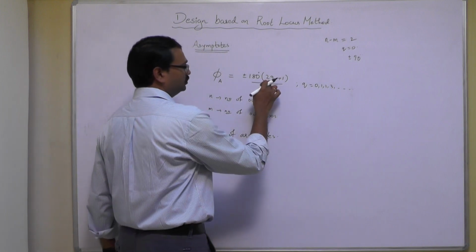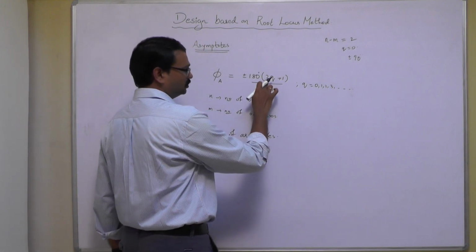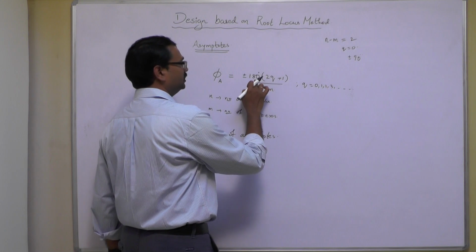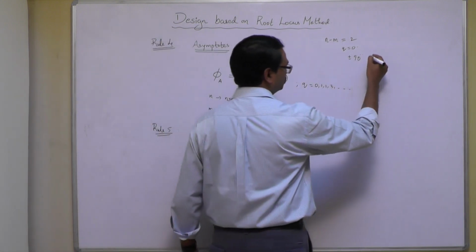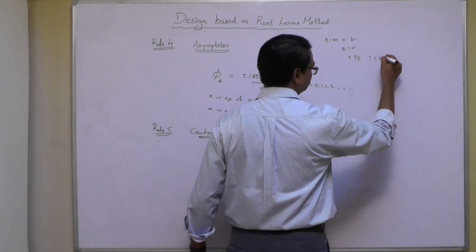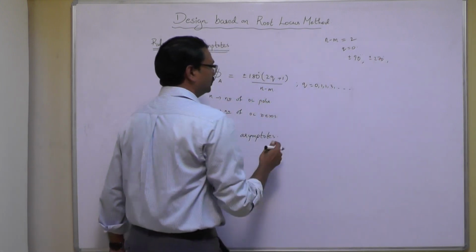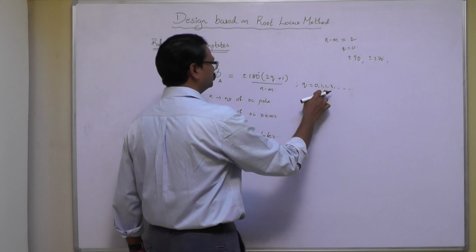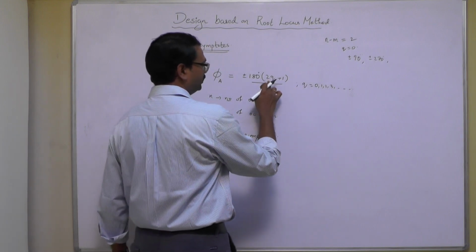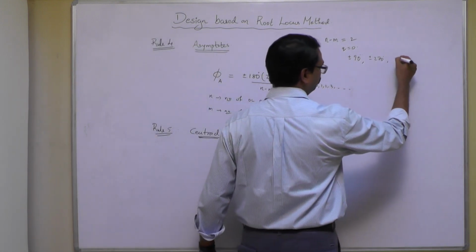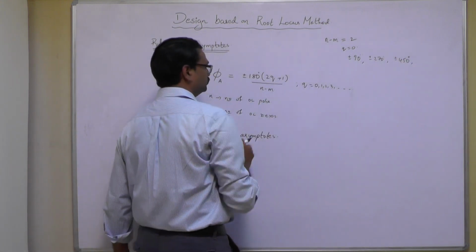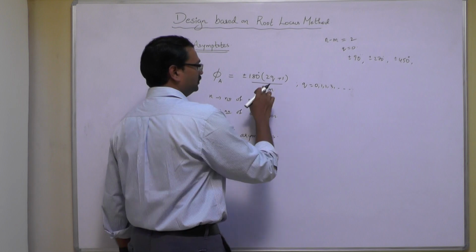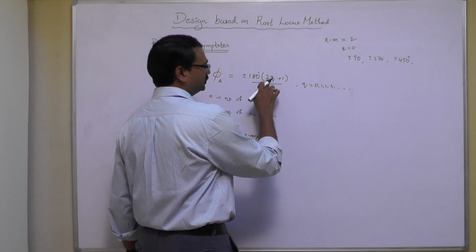Now when q is equal to 1, 2 plus 1 is 3, so 3 into 180 by 2, which is 90 into 3, plus or minus 270 degrees. When q is equal to 2, that is 5 into 90, plus or minus 450 degrees. Now when q is equal to 3, what is it?